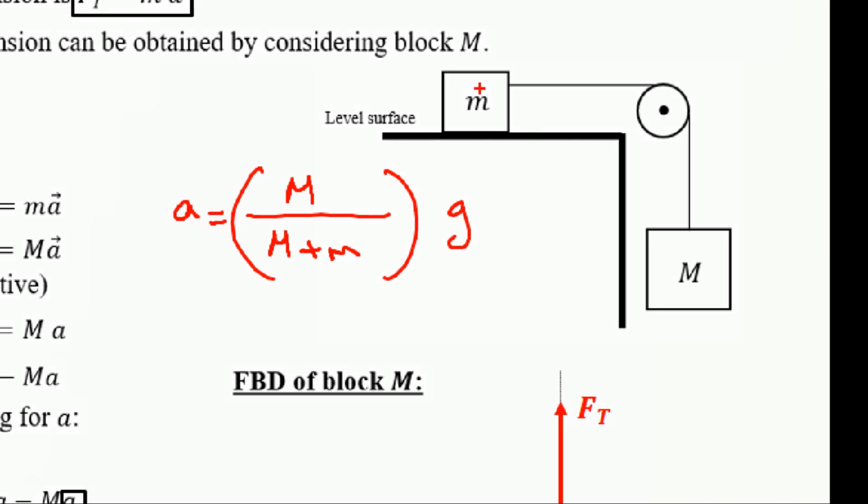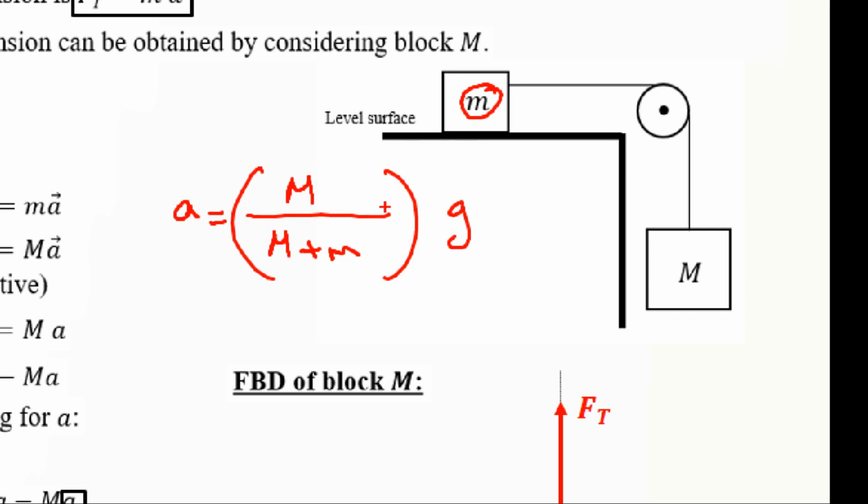But here, small m doesn't appear in the numerator because its motion occurs on a level surface. It's not hanging freely, it doesn't have any vertical motion. For this reason, we understand that m doesn't oppose the motion in any sense.